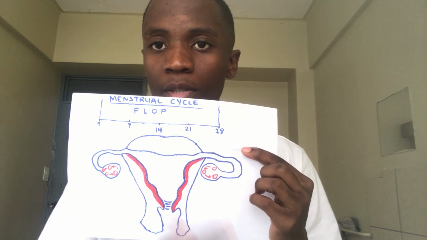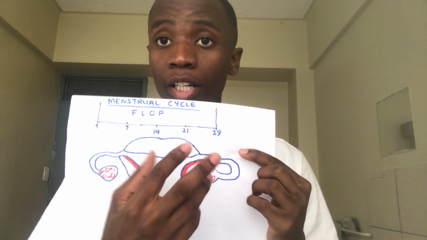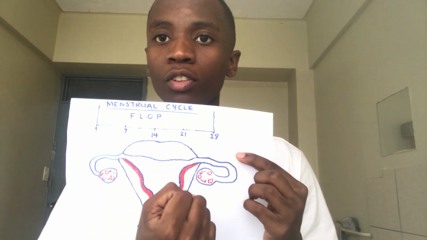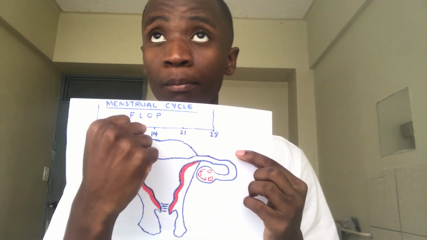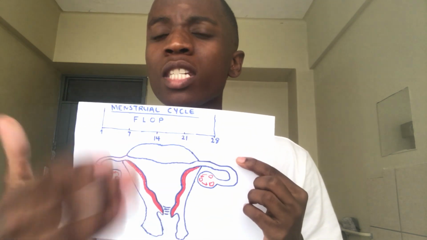Estrogen is produced by the developed follicle, known as the Graafian follicle. The progesterone is produced by the corpus luteum, a broken or damaged follicle after day 14. But we're going to discuss that, don't worry.